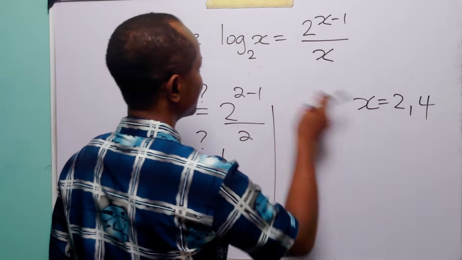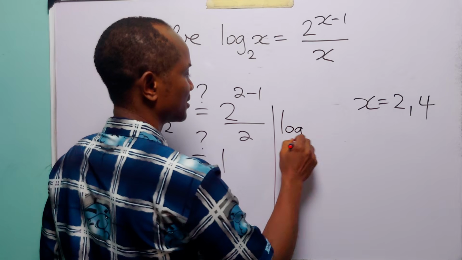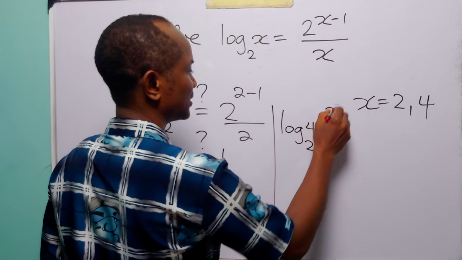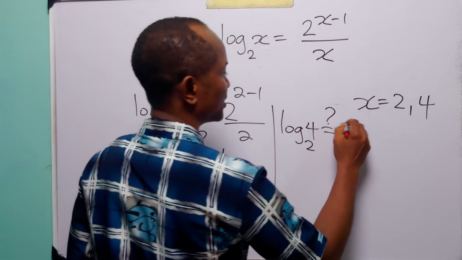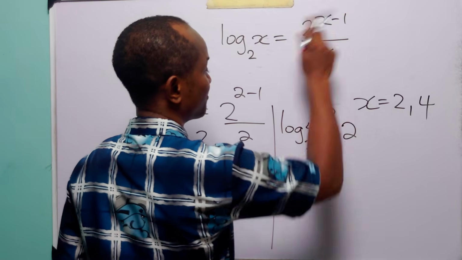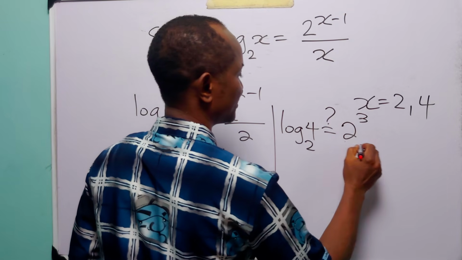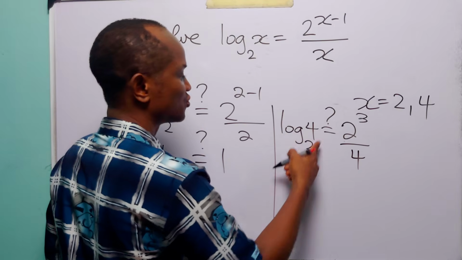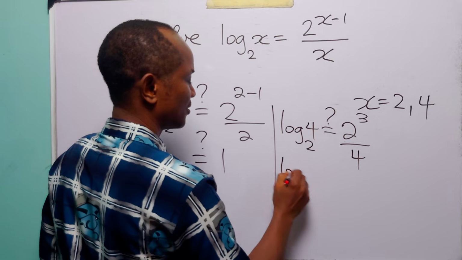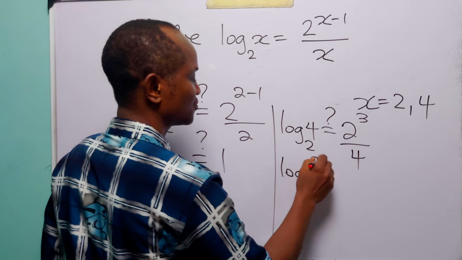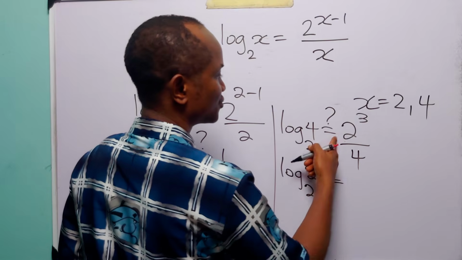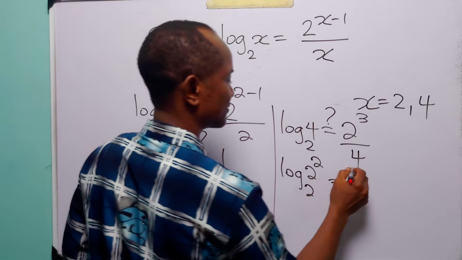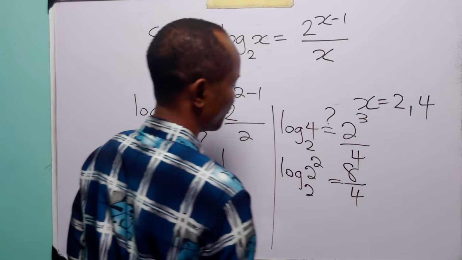Now, when x is equal to 4, we have that log to base 2 of 4 is equal to 2 to the power 4 minus 1, that is 3, divided by 4. Log to base 2 of 4 is log to base 2 of 2 squared. Now, 2 to the power 3 is 8. So we have 8 over 4.